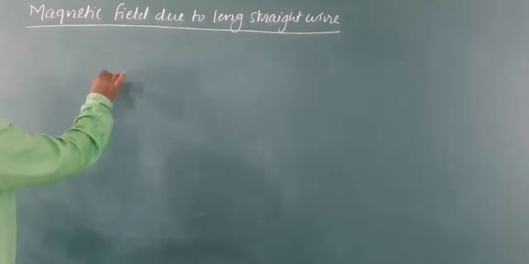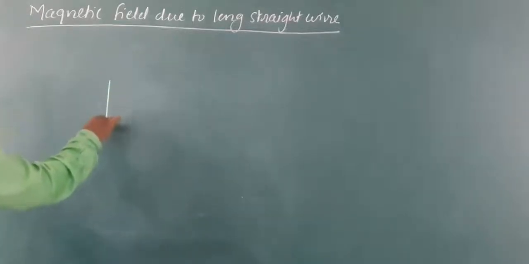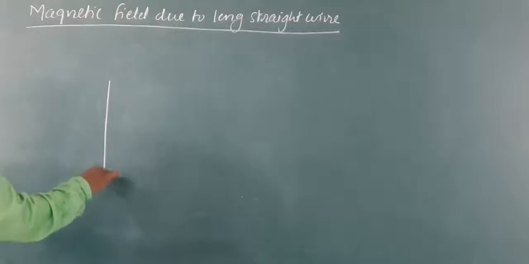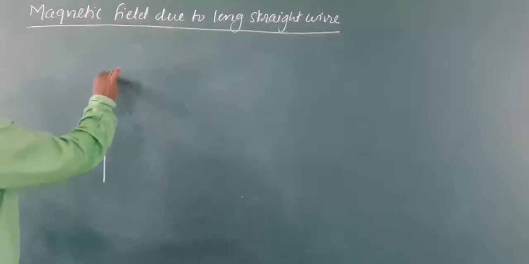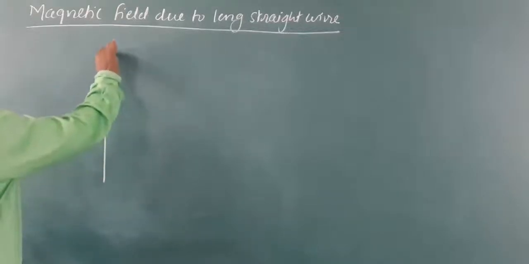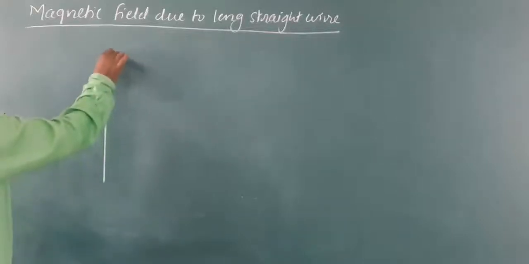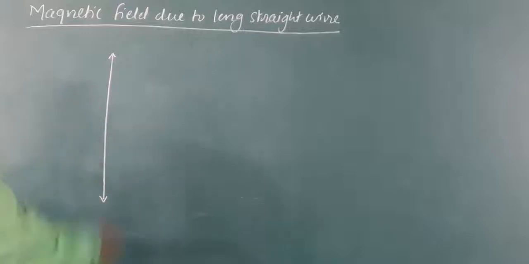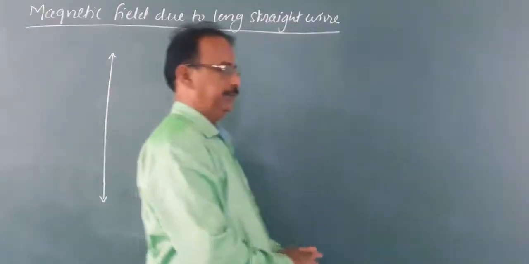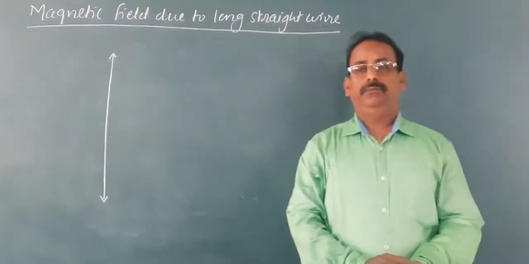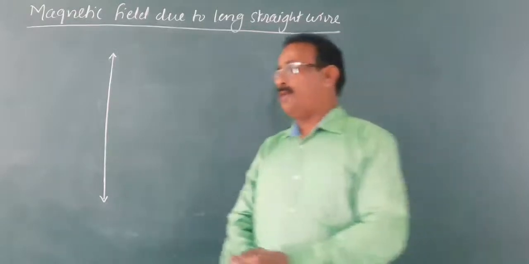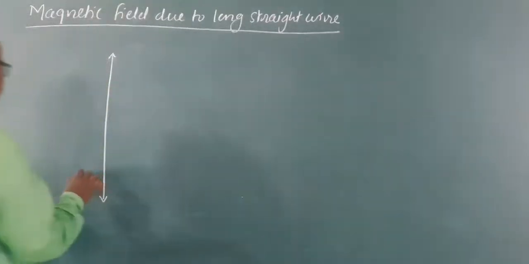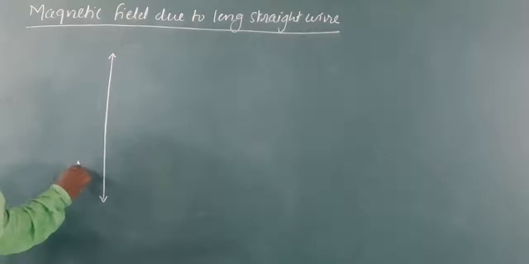Take one wire which is infinitely long. This is the wire which is infinite to both sides. Consider that through this wire current is passing in this direction.